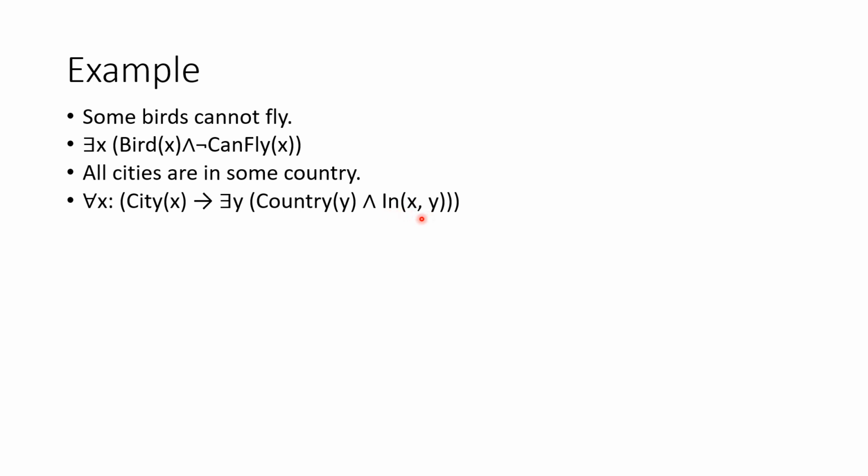So that means all cities are in some country: in x comma y, where y is a country and x is a city. So all city means for all x and some country means some y.